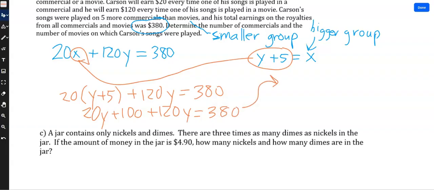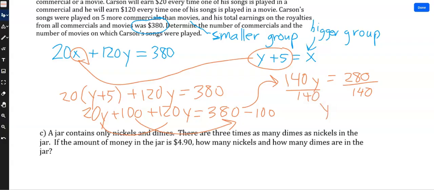So if I put those two things together, that's 140y. If I take the 100 to the other side, I get 280. And then I can divide by the 140, divide by the 140, and find out that y is 2. So 2 movies.